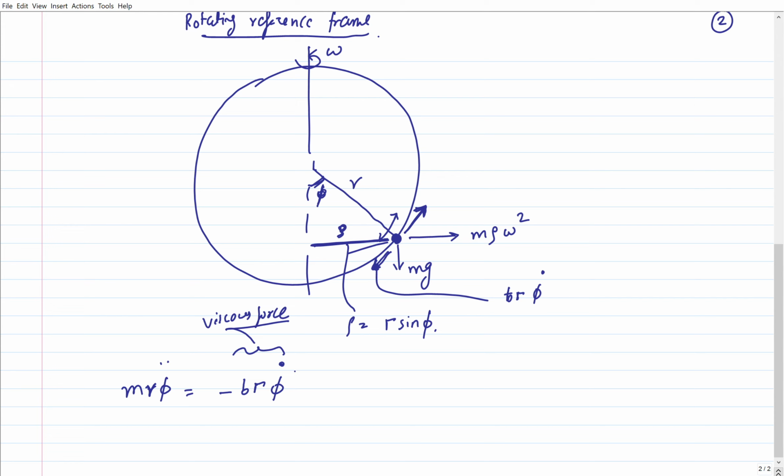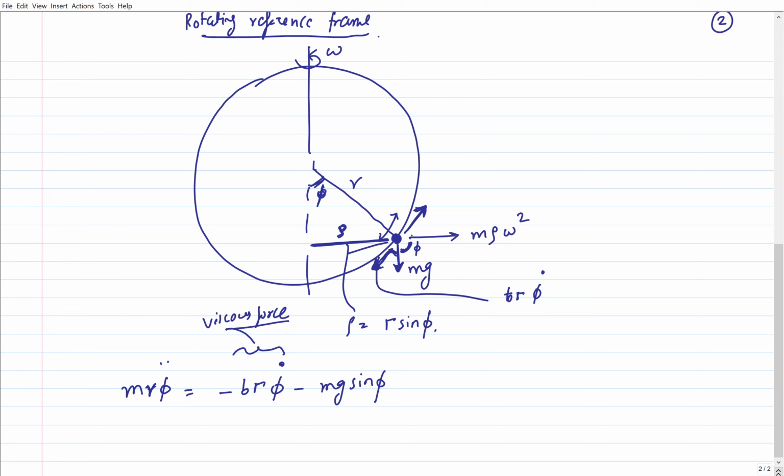And then I'll have the component of gravity, minus mg sine phi, since this angle was phi geometrically.